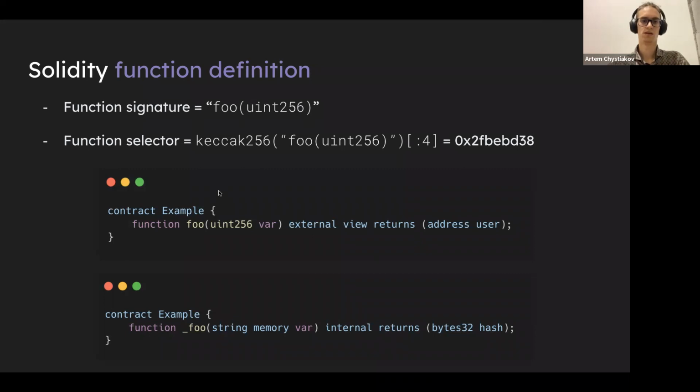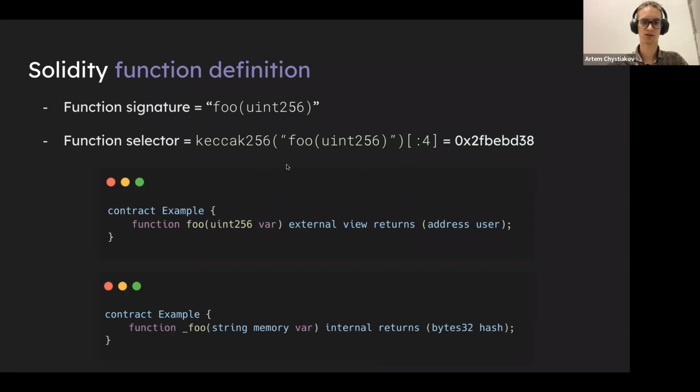And the selector is a special value that Solidity uses to distinguish which function you are calling from the outside, so as to enter the exact function you're calling, not something else. How does Solidity calculate this selector?